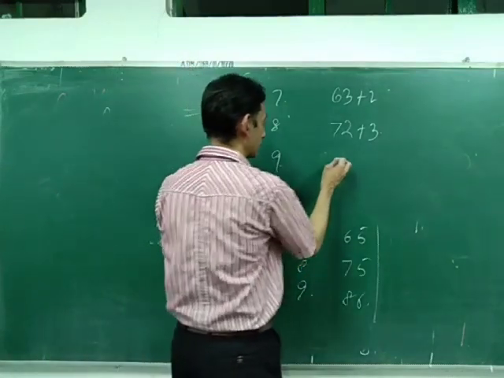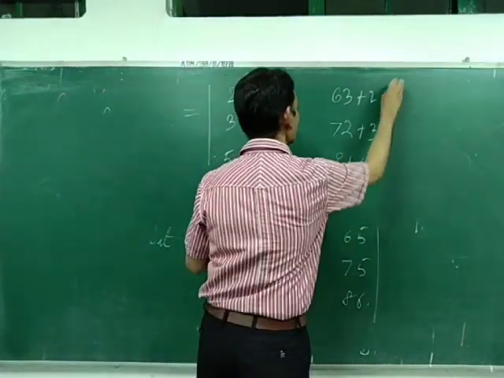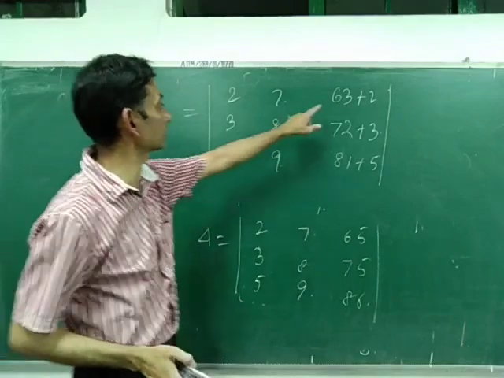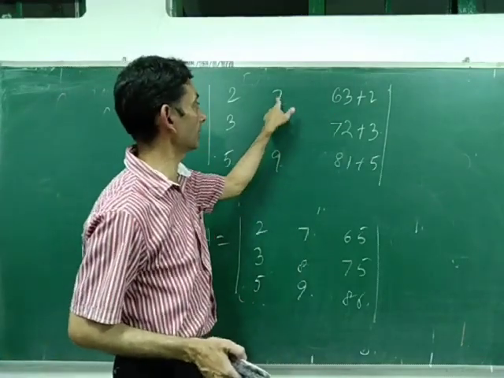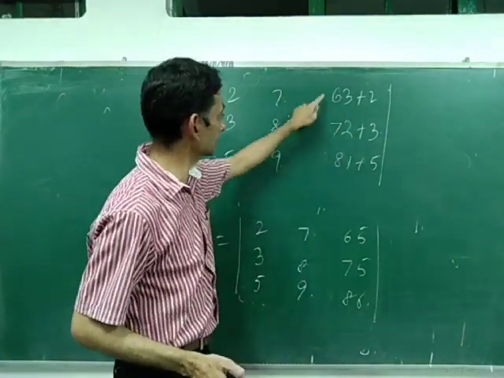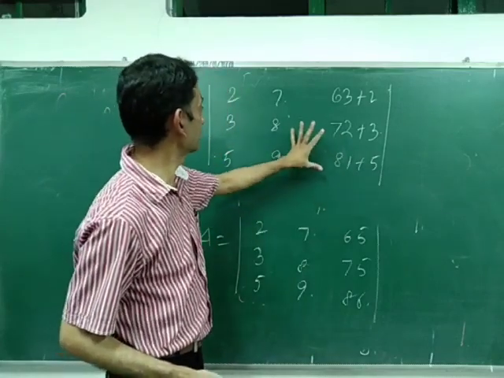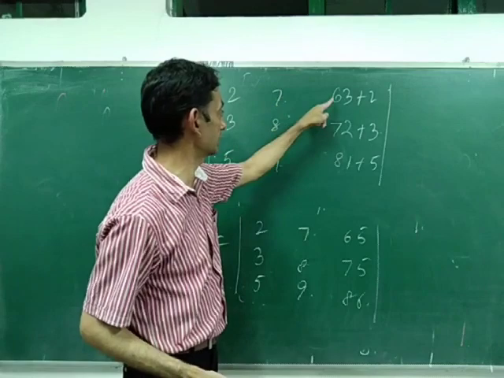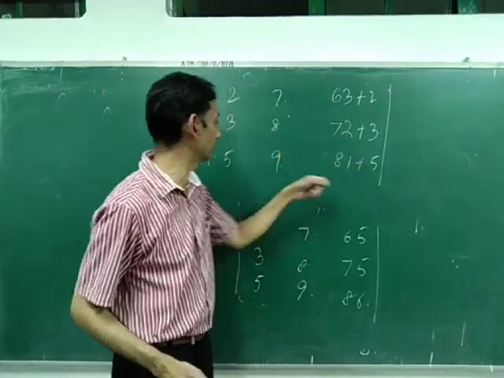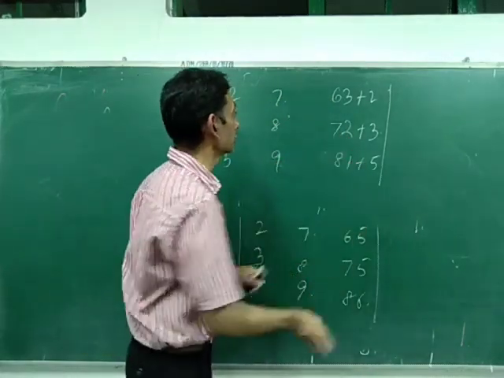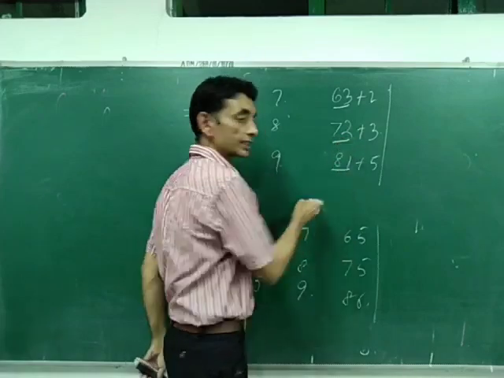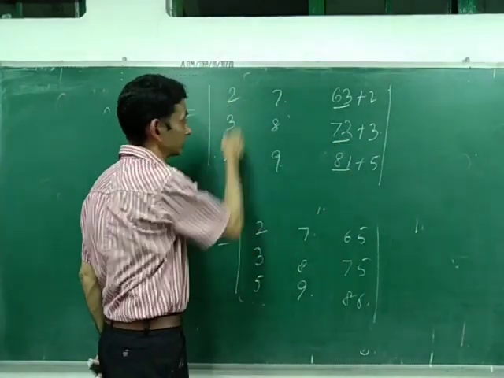And this is 81 plus 5. The simple trick I'm following is that 63 is a multiple of 7 and 9: 7 into 9 is 63, 8 into 9 is 72, and 9 into 9 is 81. So we are going to write this as a constant multiple of either this column or this one.